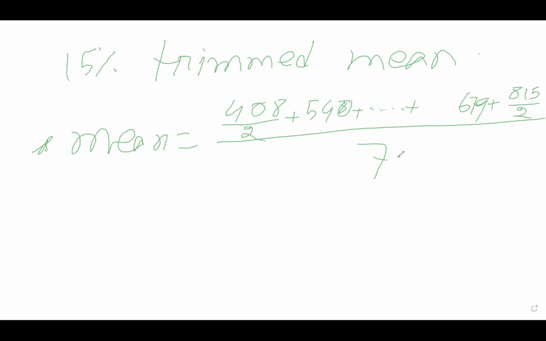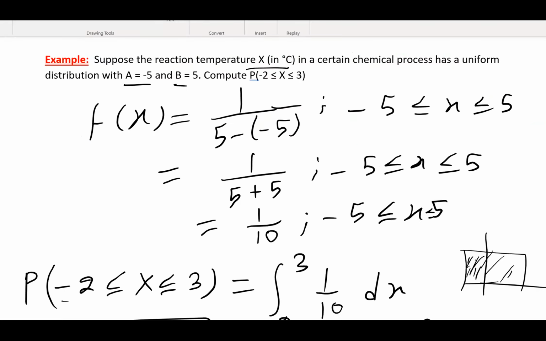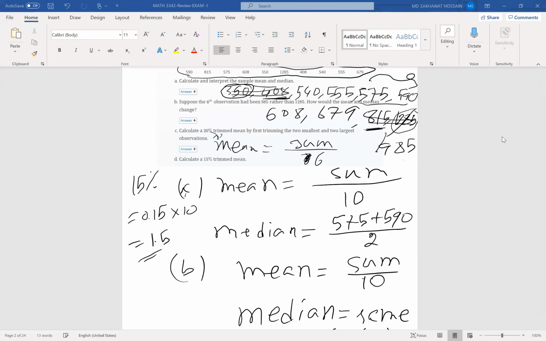So that means we actually removed 3 values, and the total was 10. So 10 minus 3 is 7. That's why we are dividing by 7. Okay, so that's how we calculate the trimmed mean. Do you have any questions?